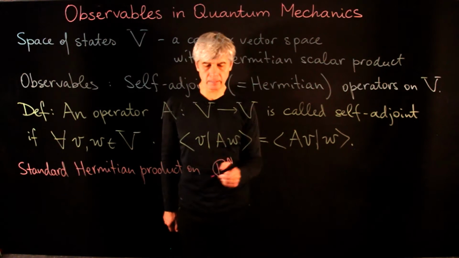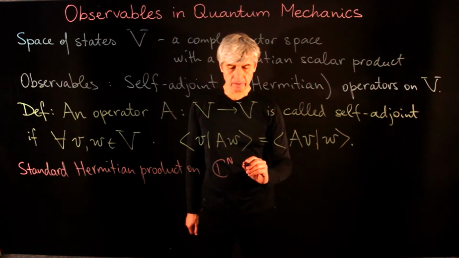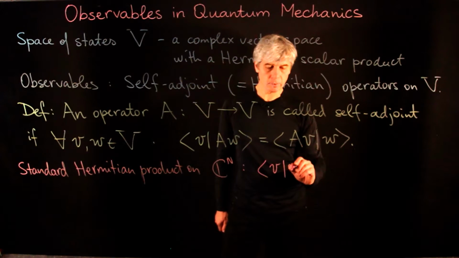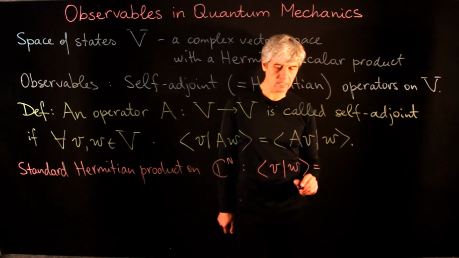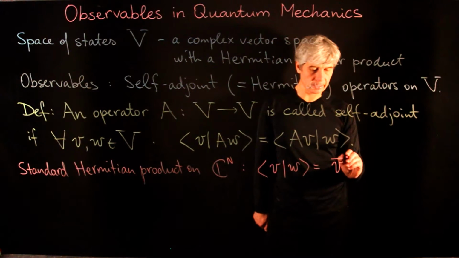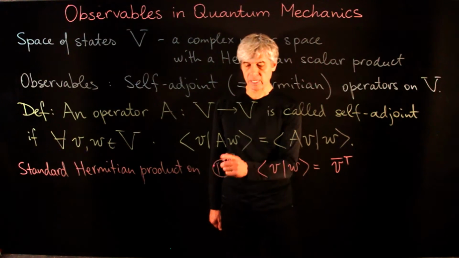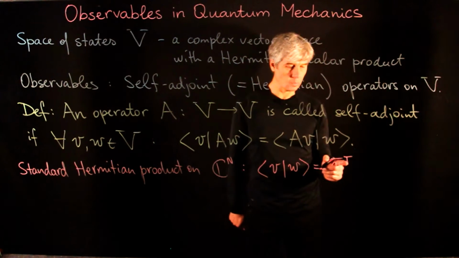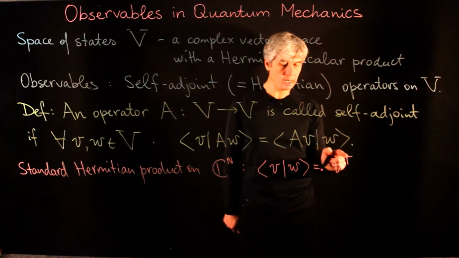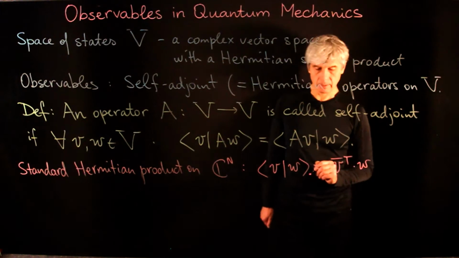So now we take the complex n-dimensional vector space, and the standard Hermitian product of V with W is given by the formula V bar transpose times W. Usually we treat vectors from Cn as columns, so when we take the transpose, we get the row vector. And this bar means complex conjugation.